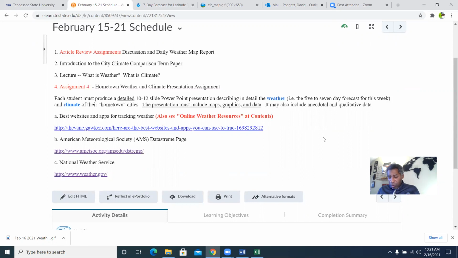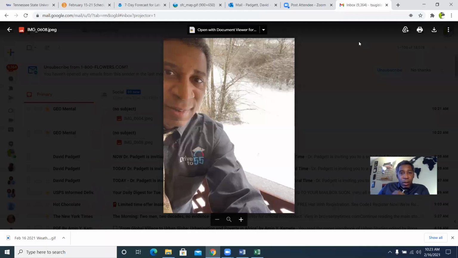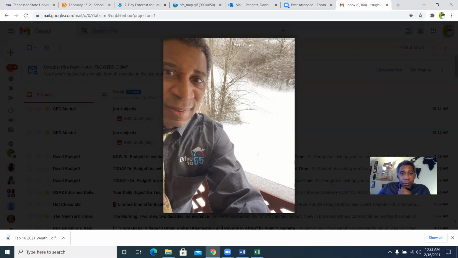And so let me try something here very quickly. I'm going to pause the recording for just a second. Okay, so here's an image of what it looks like off of my back deck. Lots of snow.